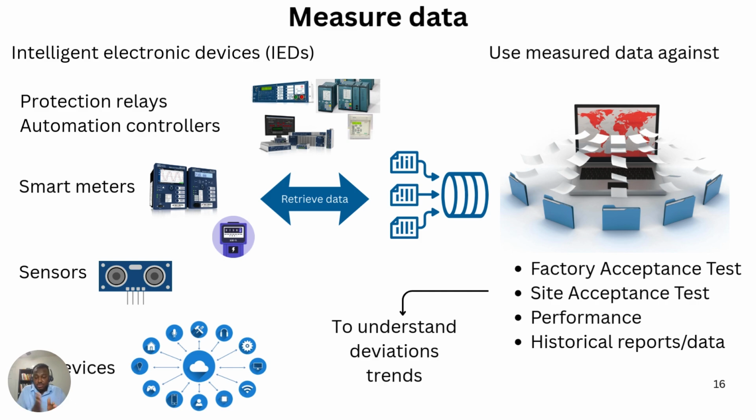Then, based on the history or the performance of the grid, when the fault actually happens, you'll be able to capture the voltages at each of the buses, the voltage and the phase angle at each bus.